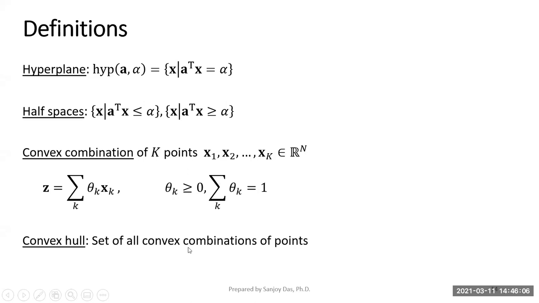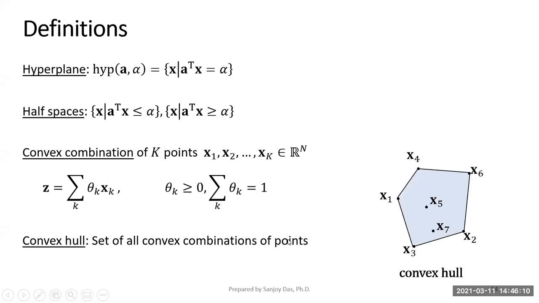The set of convex combinations of points is called its convex hull. So here we have how many points? We have X1 through X7, 7 points. And this blue region, including the black boundary, is the set of all convex combinations of these points. And that's called the convex hull. It will always be convex.